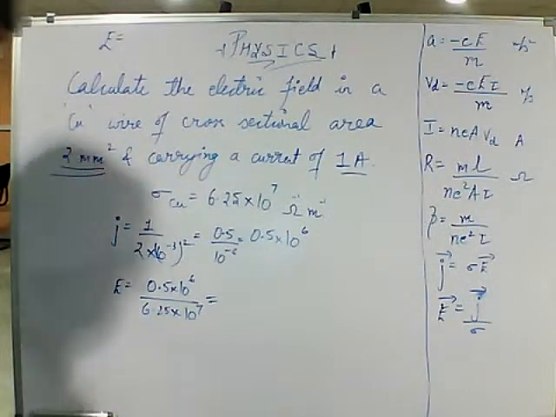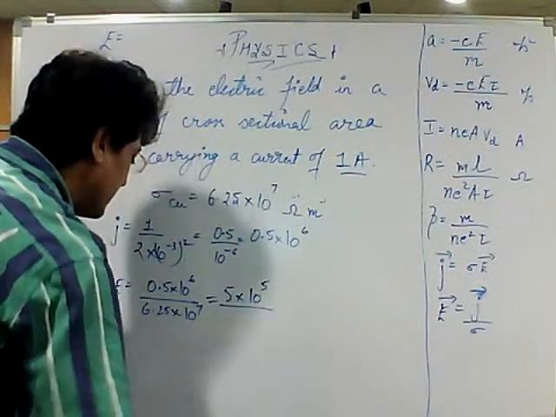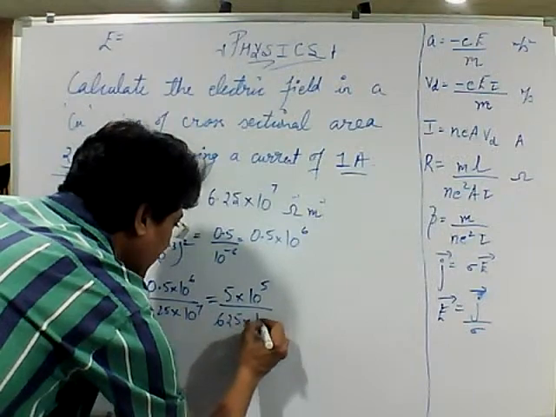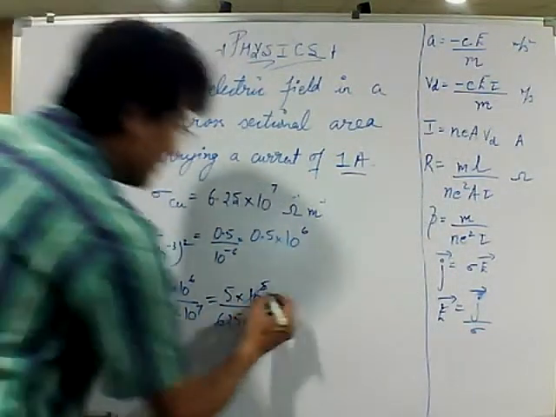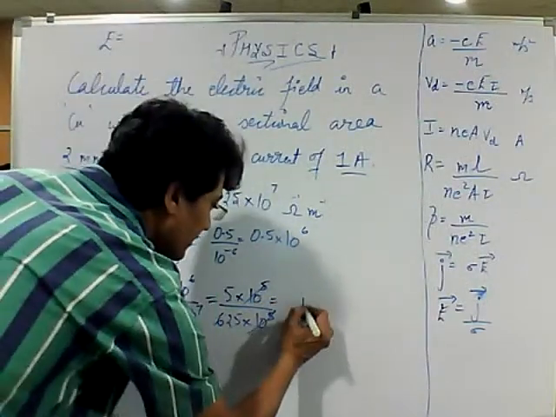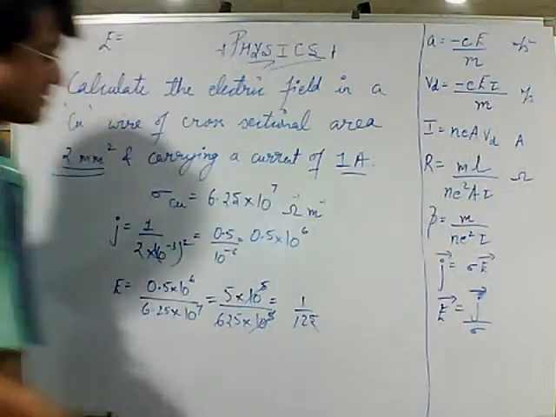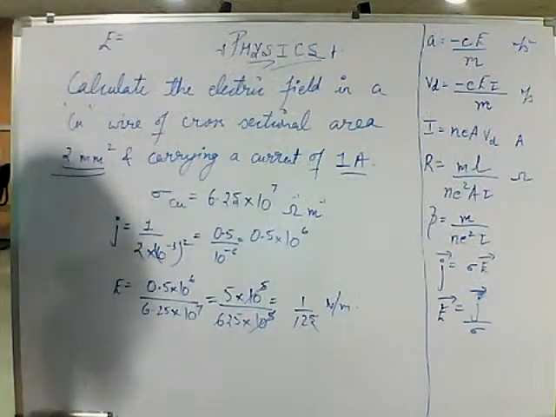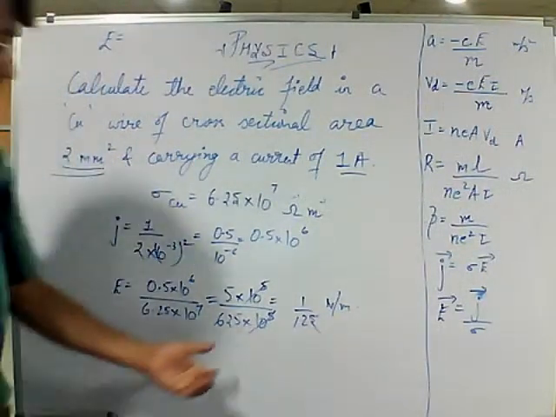I can write this as 5 into 10 to the power 5 divided by 625 into 10 to the power 5. So 5 divided by 625 would be 1 divided by 125 volts per meter, which would be 0.008. It would not be 135, but it would be 125.